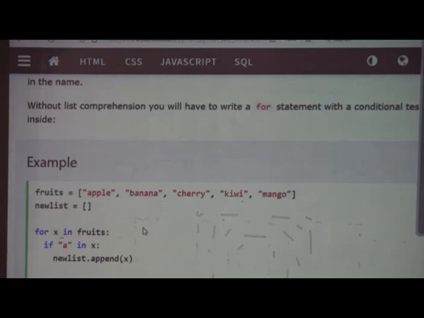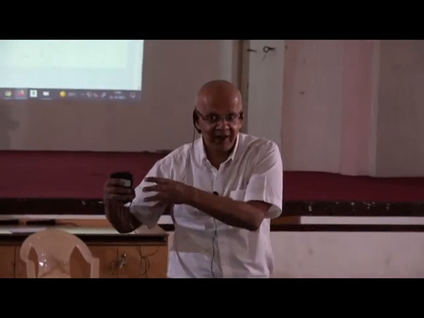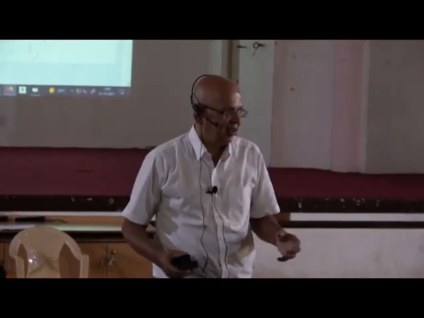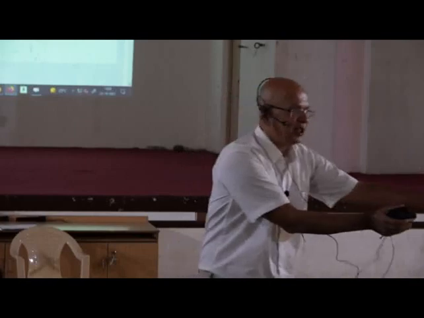Then your loop, for x in list. But is it going to apply for everyone? No. So after that, you write the if. Always the action is first, and after that comes the loop. And in the body of the loop, you have a condition. So for x in this list, if a in x, this action should be done.